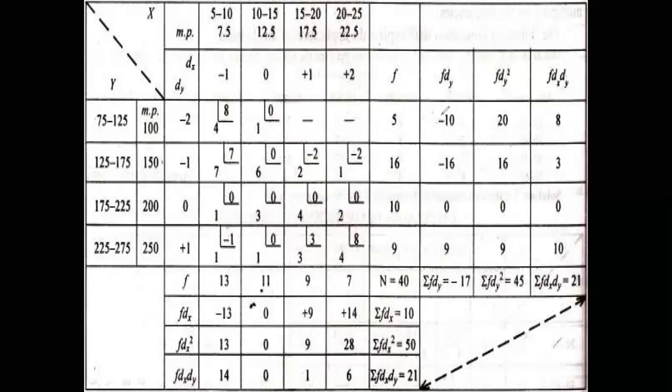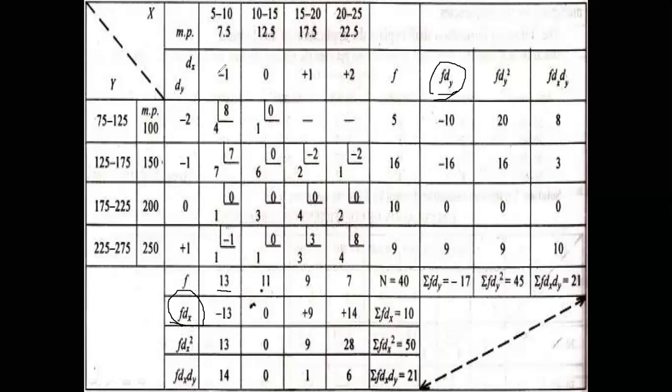Now the next step is the calculation of f dy and f dx. So these values we need to calculate. What we need to do is simply multiply frequency by dx and dy respectively.